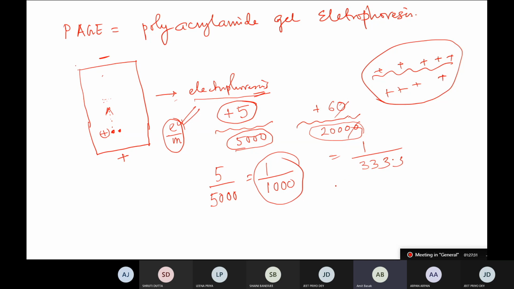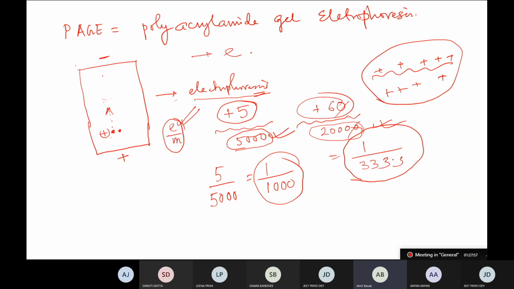So you see which one is more, this one is more. Because its E by m value is more, it will move faster than this one, although this has a lighter molecular weight. But the charge is more here. So there are two factors. Movement depends on charge.